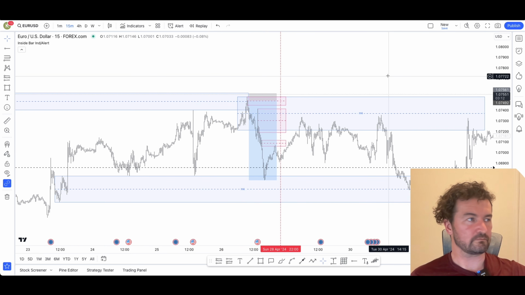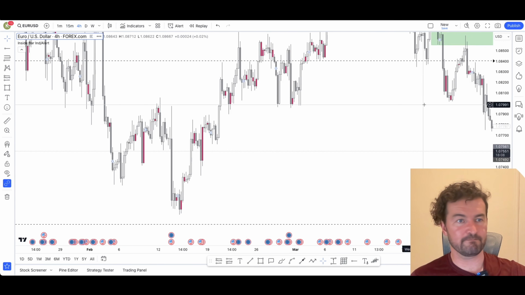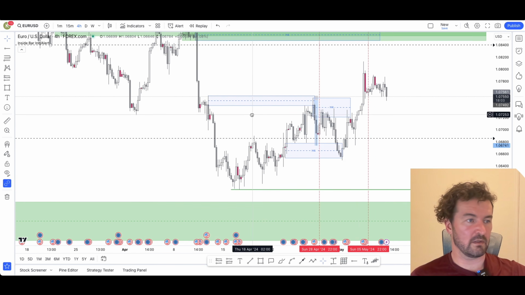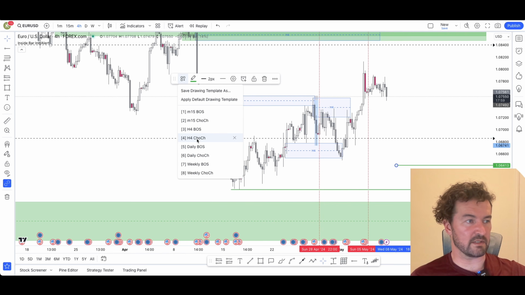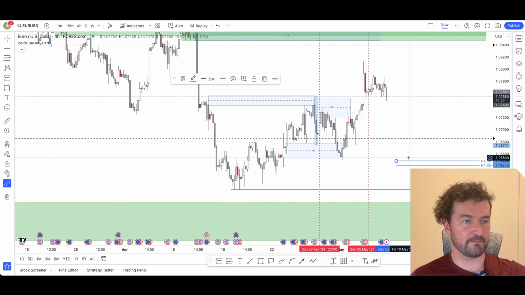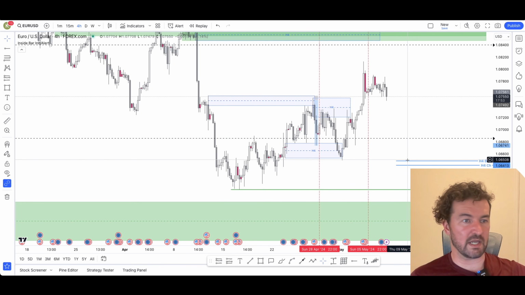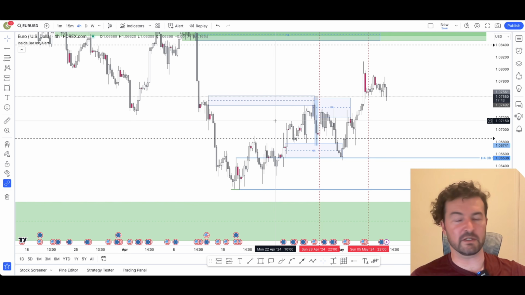Now, what I forgot to do was BOS and CHoCH for the H4. We need to see what direction the market is going in. Now we had, all right, I'm going to do these like this. So H4 CHoCH, H4 BOS, and we will, for the moment, just do the bar replay so you can see how to do it.